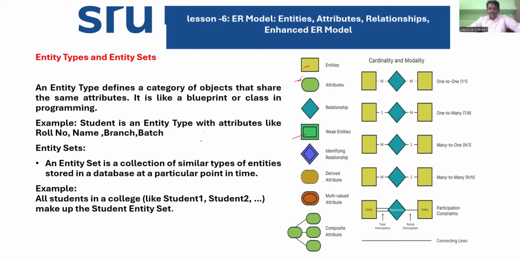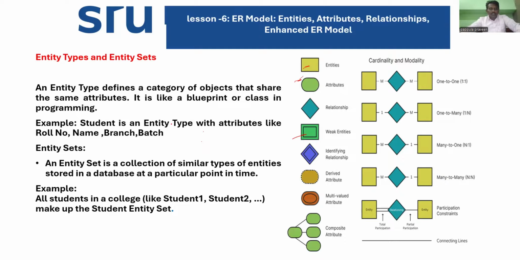A weak entity is represented with a double rectangle. An identifying relationship is represented with a double diamond symbol. A derived attribute is a dotted ellipse. And next are the composite attribute and multi-valued attribute. These are the different symbols for creating entities and entity sets.